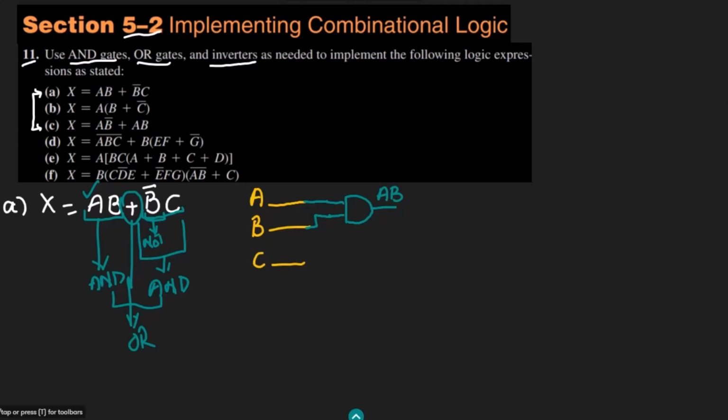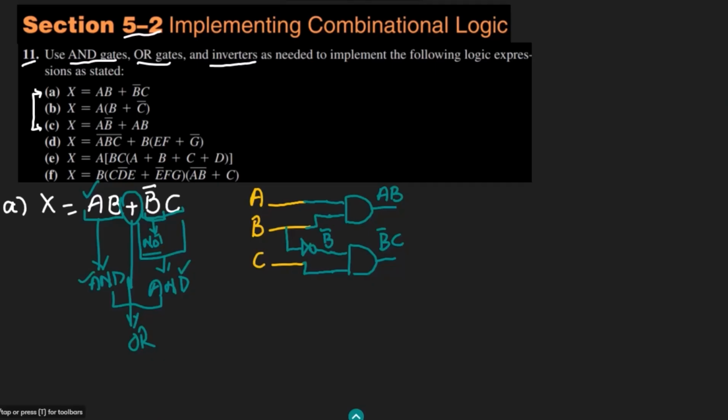Similarly, for the other gate I have another 2 input AND gate, but there is a difference: to one input C is given, while for the other input I have B complement. So I have to complement this B, and I will get B complement. Then I will get B complement C. These are the AND gates and this NOT gate which have been implemented here.